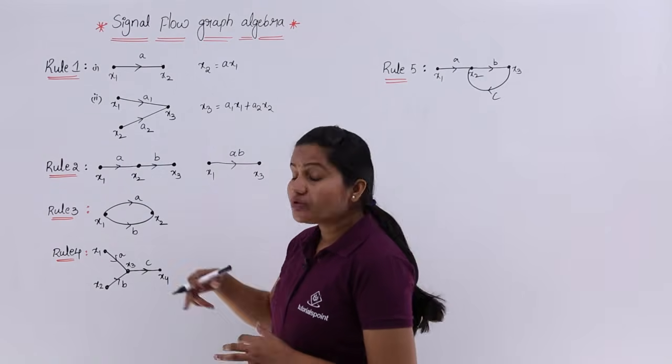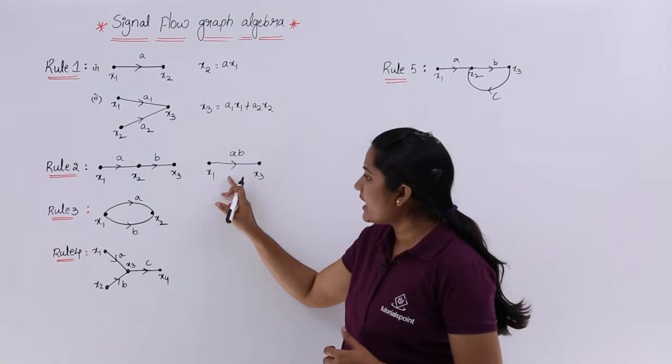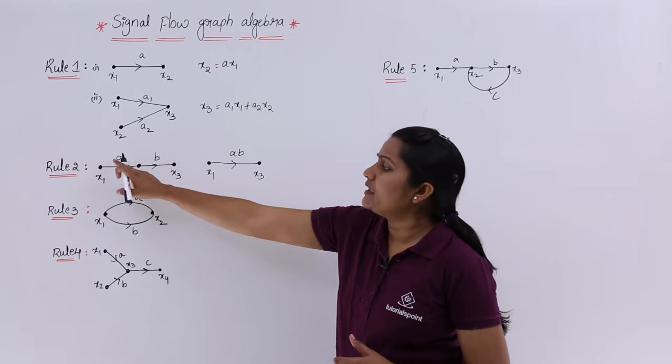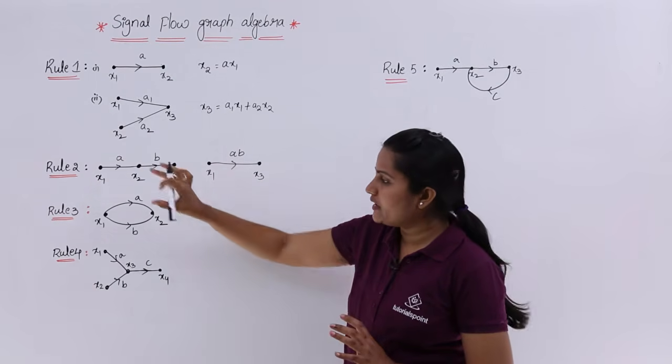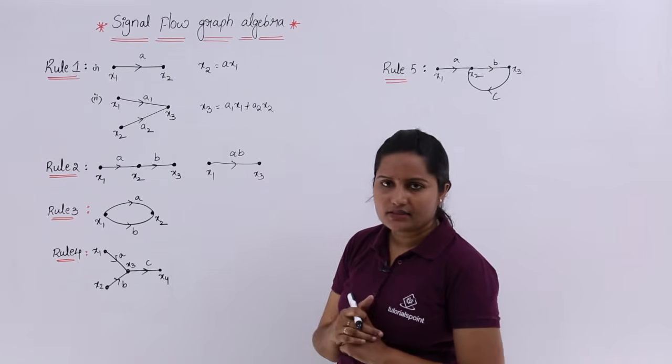So you can take out the x2 node and write x1, x3 and the multiplied gain AB. You can reduce the signal flow graph like this.